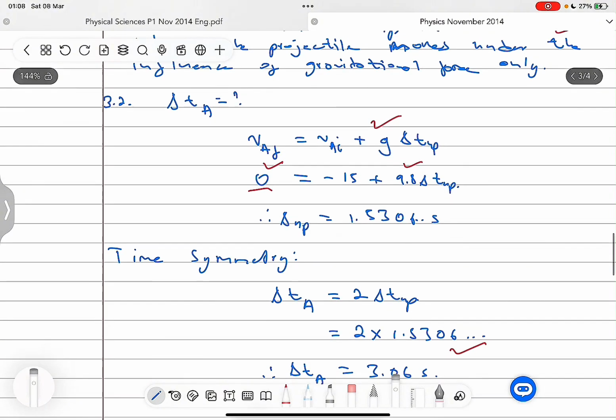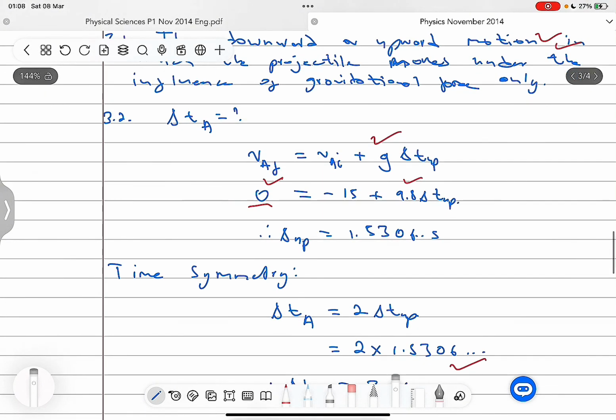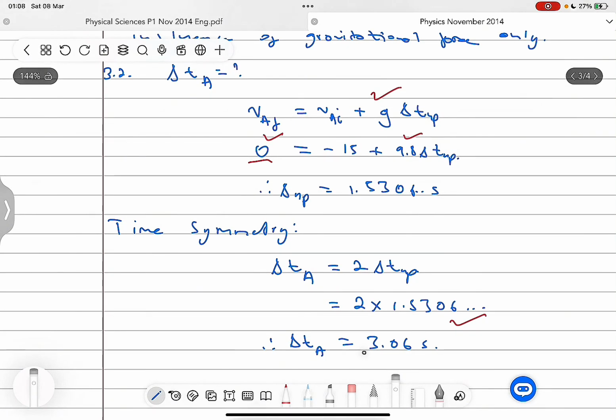Now, to navigate this problem, you can really look at your numbers. You can see that we have a relatively small velocity, 15, and the time it takes to go up makes sense to be 1.5, and double that should be that answer.